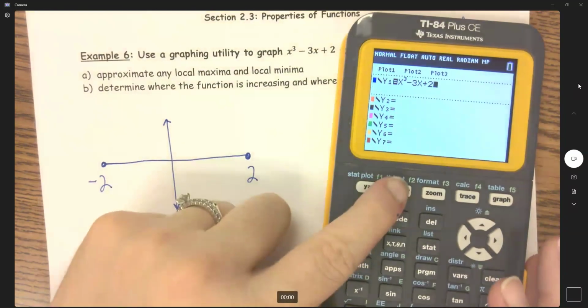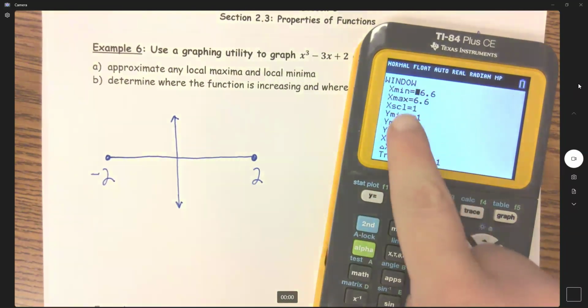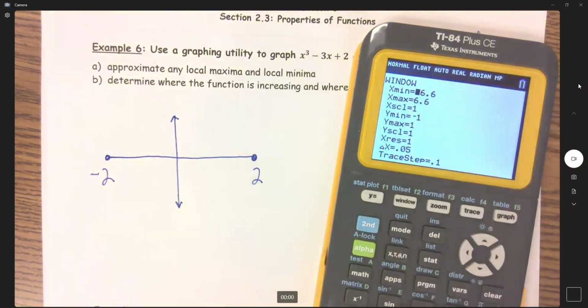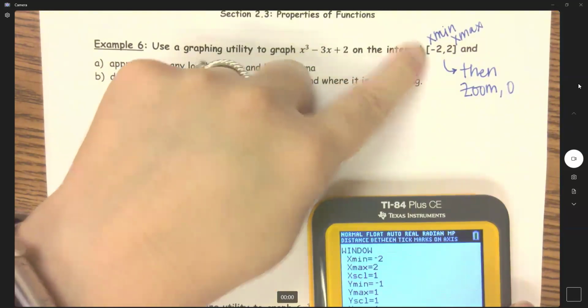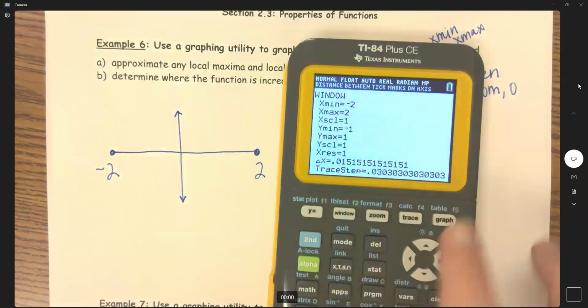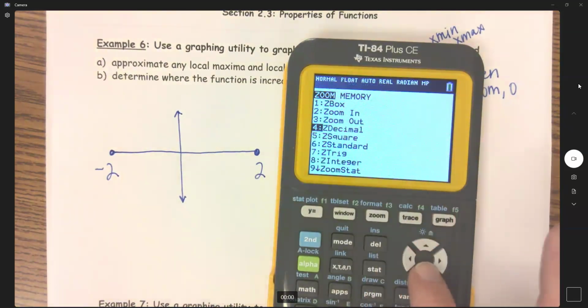So now I'm going to go over here to window, and I'm going to change my x min and max to -2 to 2. When I have a specific x min and max, after I change my window to match this, I then want to go to zoom 0. Zoom 0 is zoom fit.